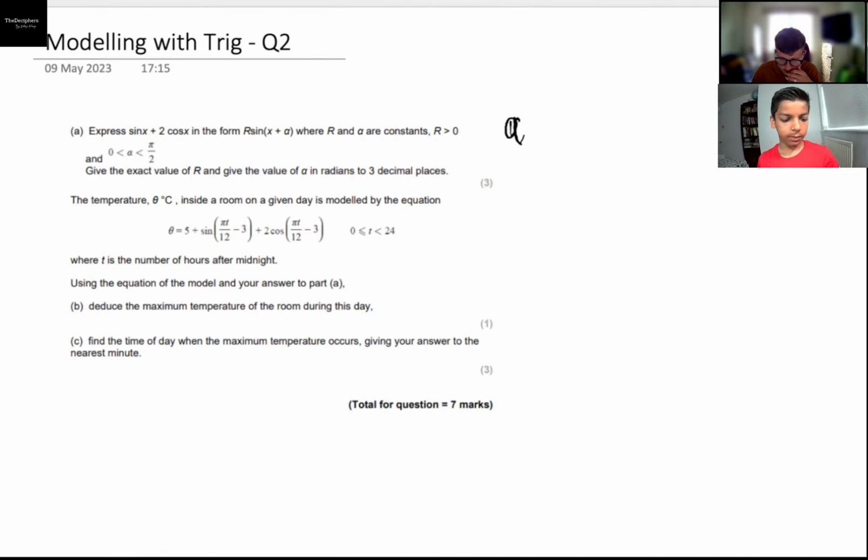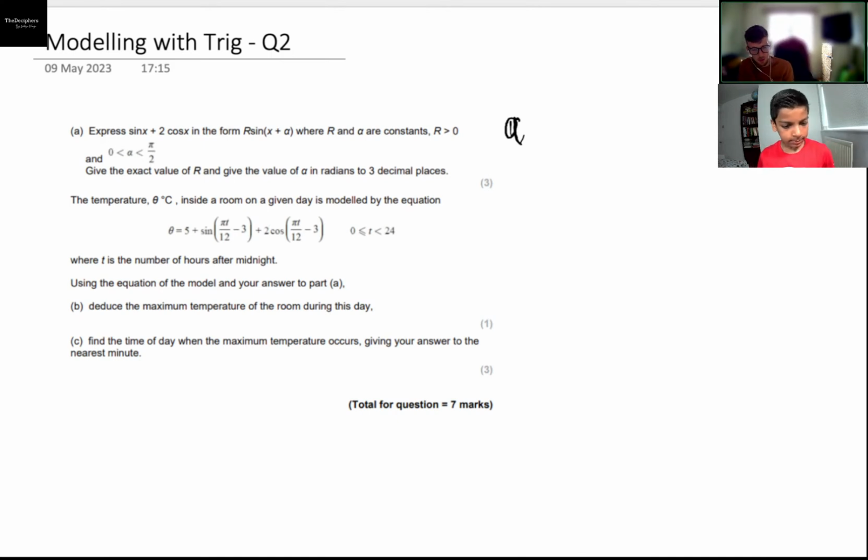Using the equation of the model and your answer to part A, deduce the maximum temperature of the room during this day. Find the time when the maximum temperature occurs, giving your answer to the nearest minute.